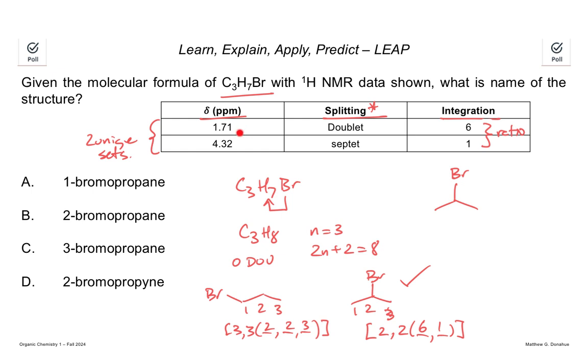So it says at 1.71, so again, that's close to 0, so those are the methyl groups here and here. They most resemble methane. So 3 and 3, that's your 6. There's one neighbor, so 1 plus 1 is 2. That gets you your doublet.